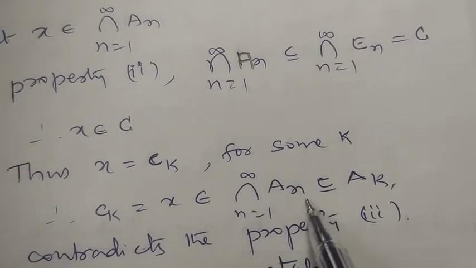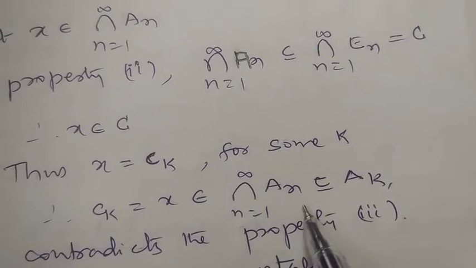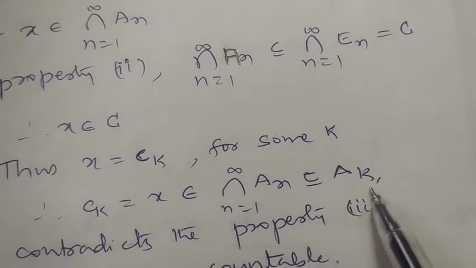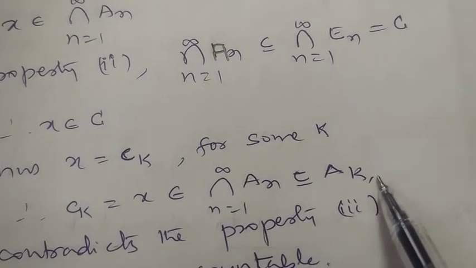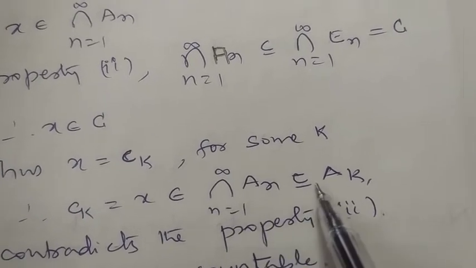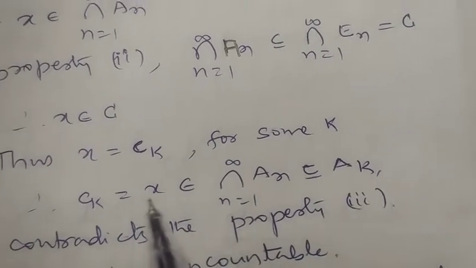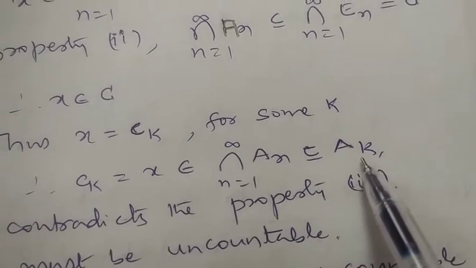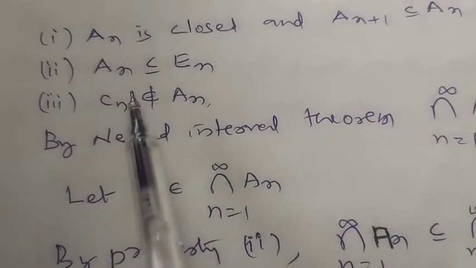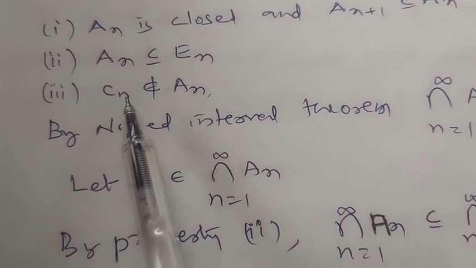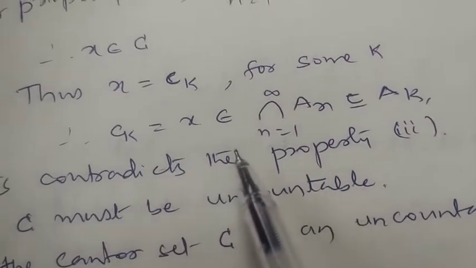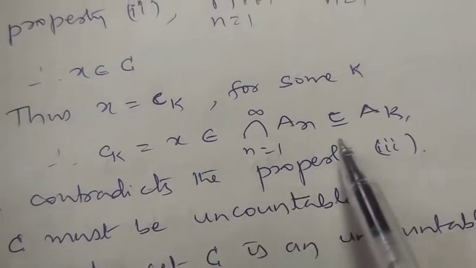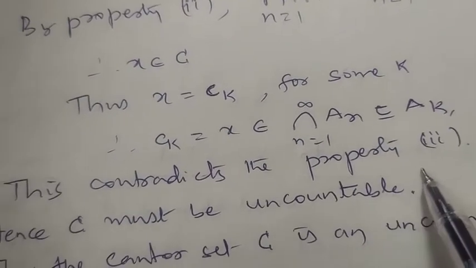The intersection is contained in each of A1, A2 and so on, so it is certainly contained in Ak. Therefore Ck is contained in Ak. But by property 3, Ck should not be contained in Ak. This is a contradiction.